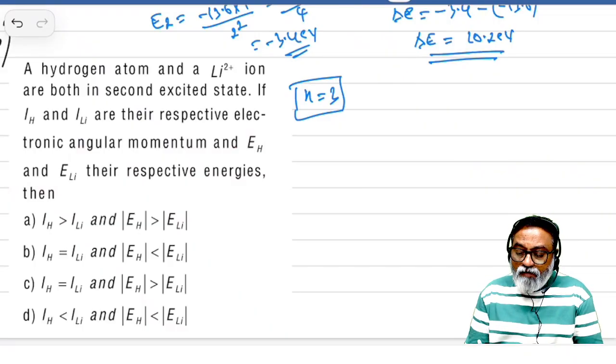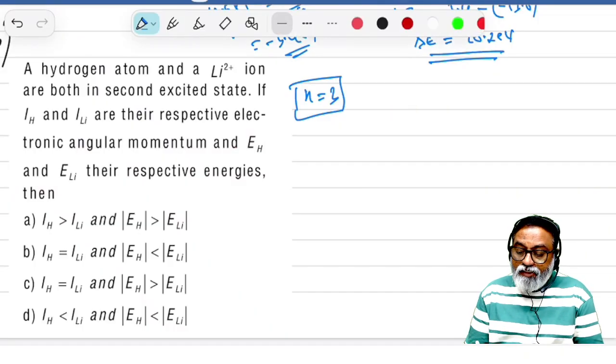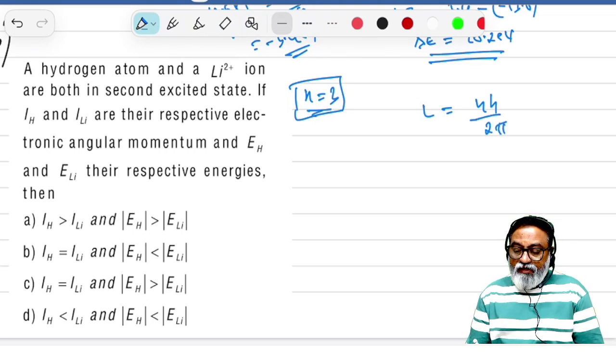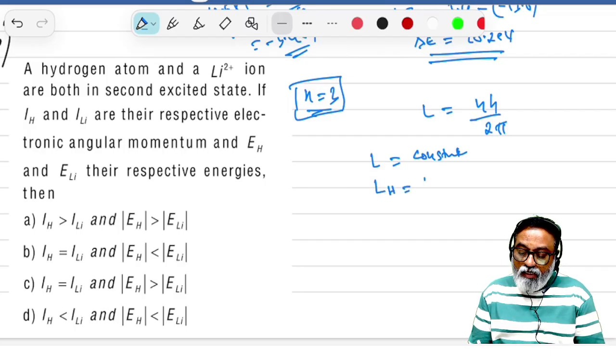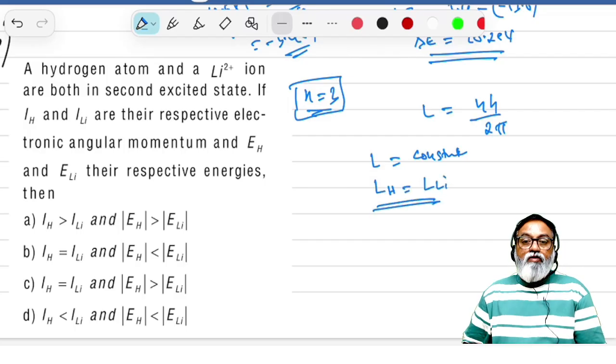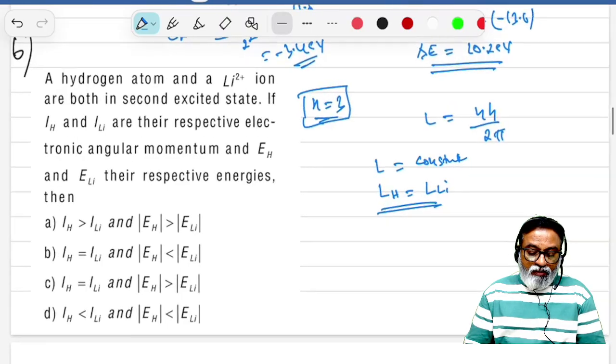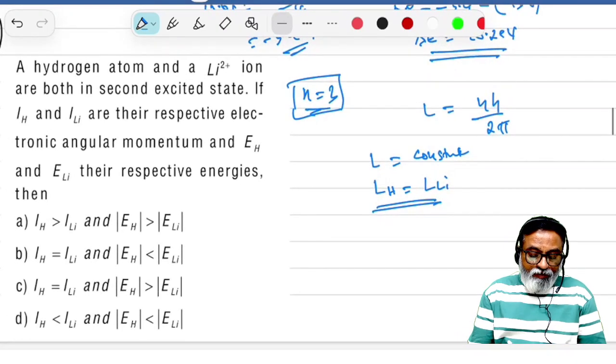Here, angular momentum L is equal to nh by 2 pi. Therefore, both are in the third energy level, so angular momentum L is constant. L is constant means the angular momentum for hydrogen and for lithium are the same. Therefore, options B and C are the same, and A and D are wrong.